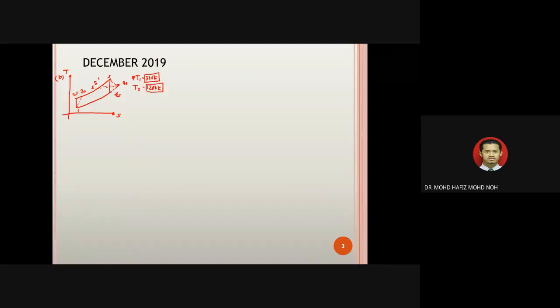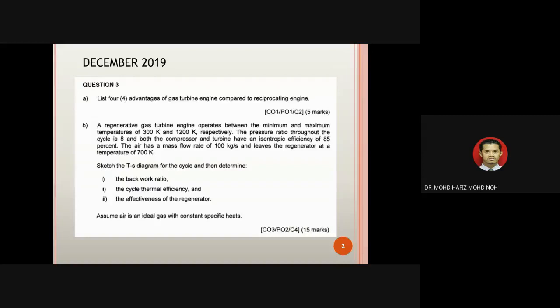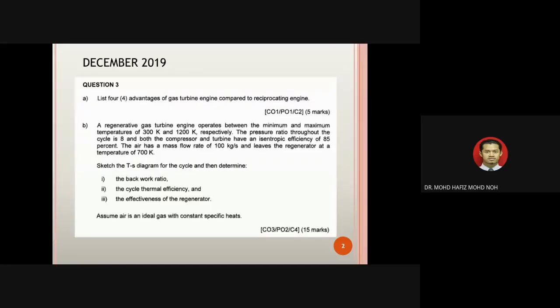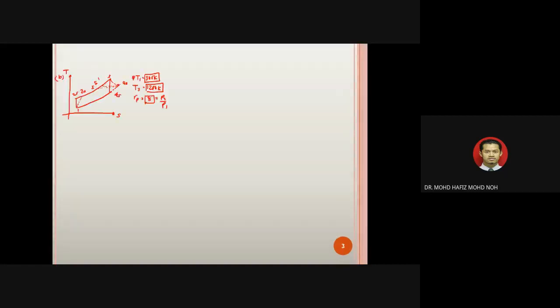They also give you the pressure ratio, RP, equal to P2 over P1, so RP equals 8. Besides RP, they also give the isentropic efficiency for the compressor, 85%, as well as the isentropic efficiency for the turbine, 85% also.